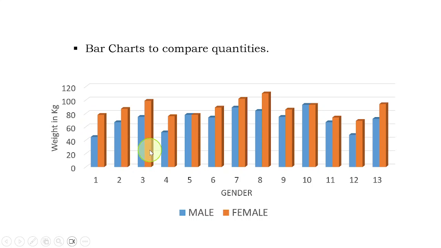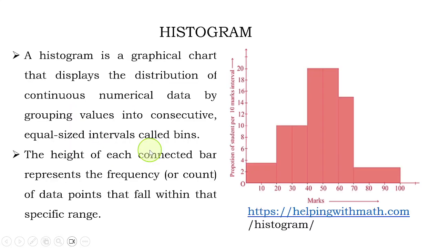Therefore, there is no need for them to attach to each other. The third difference is that the order of the intervals cannot be changed. For example, we cannot start with 100. Whereas in the bar chart, because it deals with categories, you can reorder the categories alphabetically.